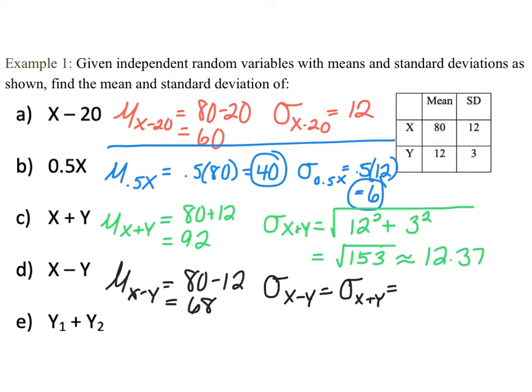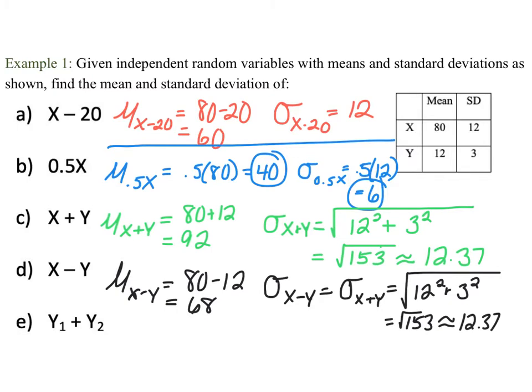Because if I'm combining two random variables, I would not expect there to be less variation. I would expect more variation. So your variation is always going to increase when you combine two random variables. Again, I work off of the variance, and honestly, we just did this. It's exactly the same as above, so it's the square root of 153 again, which is approximately 12.37.